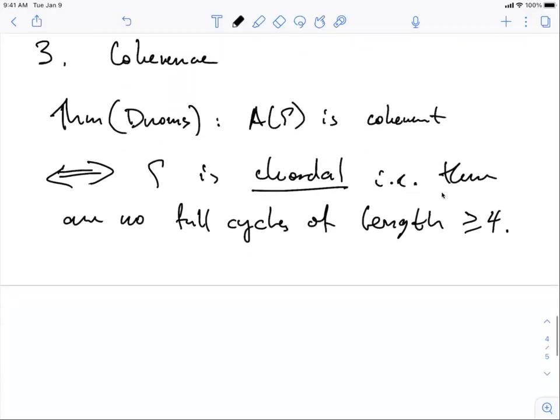So then, some more relations between the group theory of A of gamma and the combinatorics of gamma, which have sort of complete answers in terms of the motivating question that I stated at the beginning.